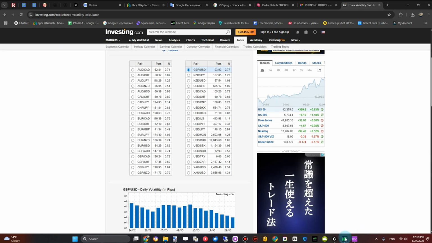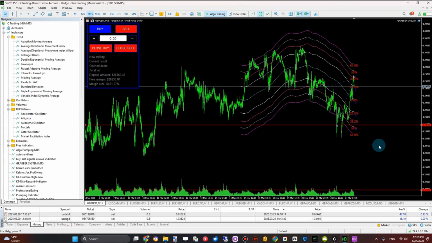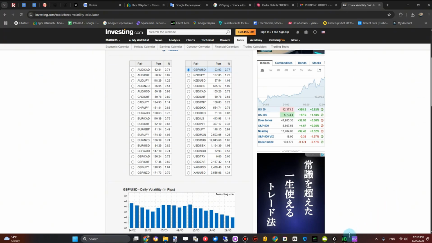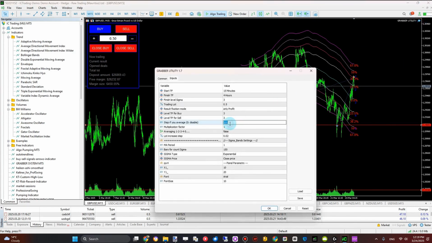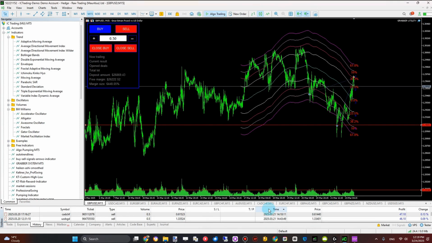In this way, using the investing website, we can determine the exact value for each pair. You don't need to check every day. Here, we set 90 like this. In this way, our currency pair utility will be set up for averaging.